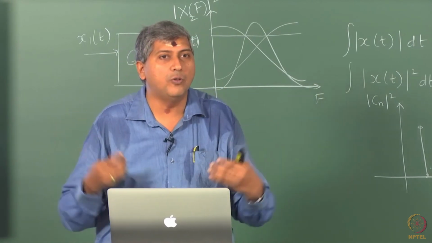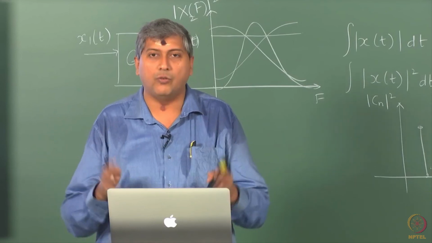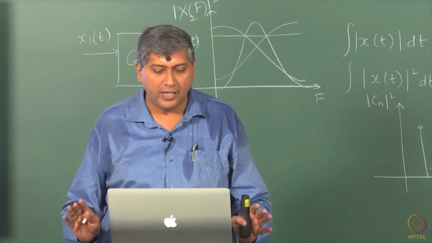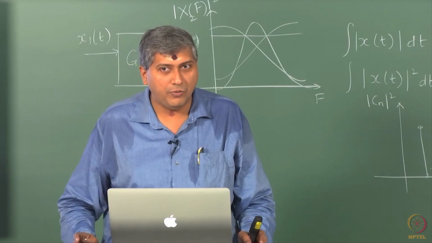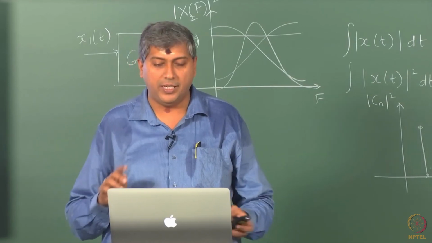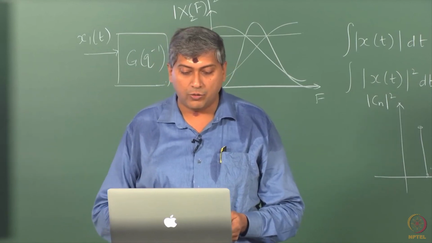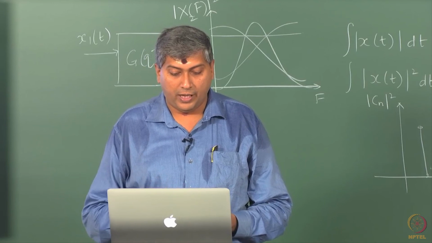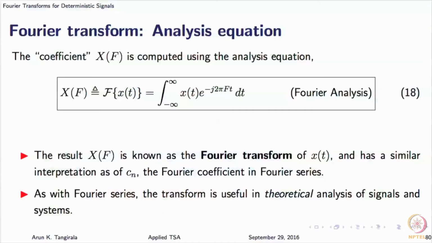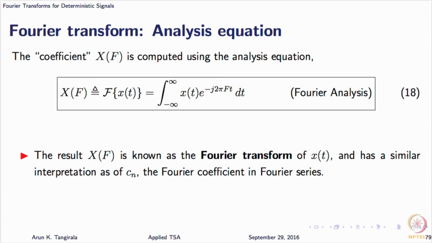Is it possible to fuse both these expressions? And that is what the Fourier Stieltjes transform does. It says define an increment dX(f) as X(f) times df. So, you have this equation that you saw for the Fourier transform, integral x(t) e^(-j2πft) dt, and go back to the synthesis equation.